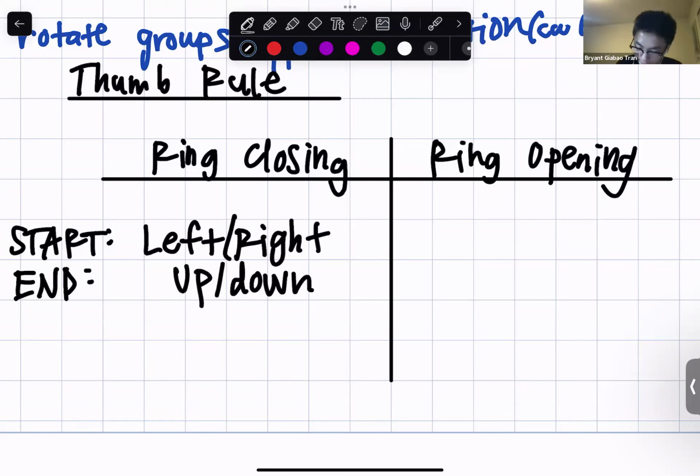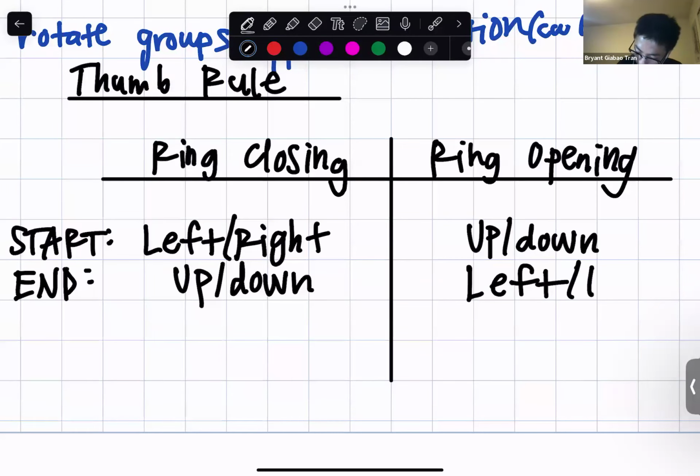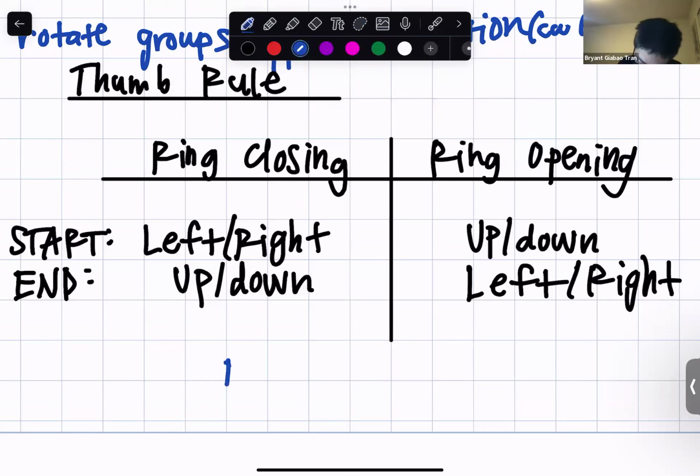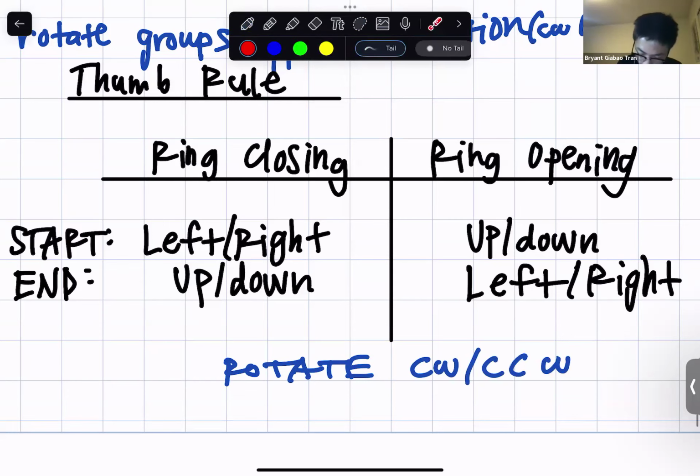Ring opening is going to be the opposite of that. We're going to start our thumbs up or down and end our thumbs left or right. And in all of these reactions, we always rotate clockwise or counterclockwise.